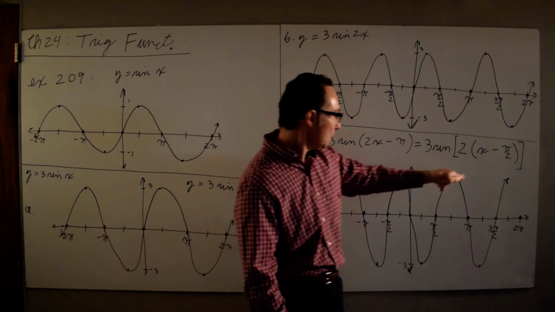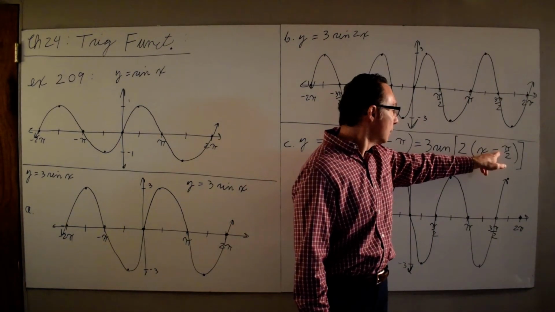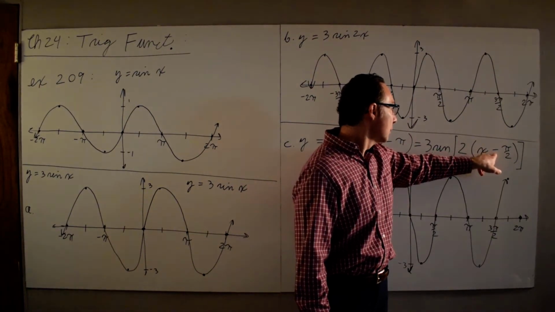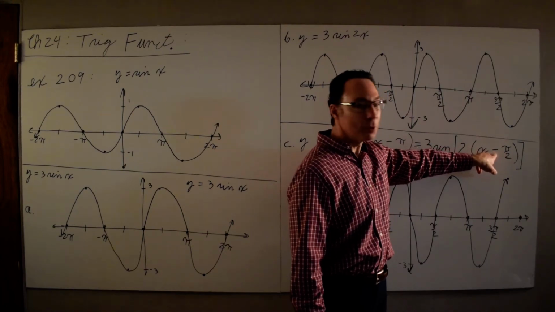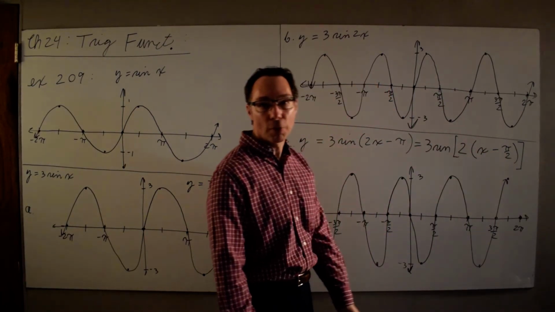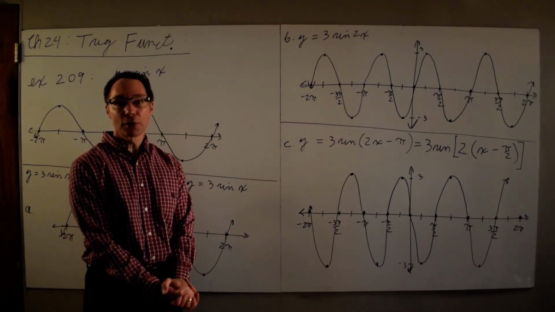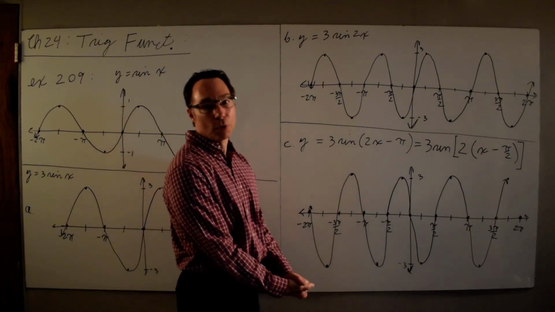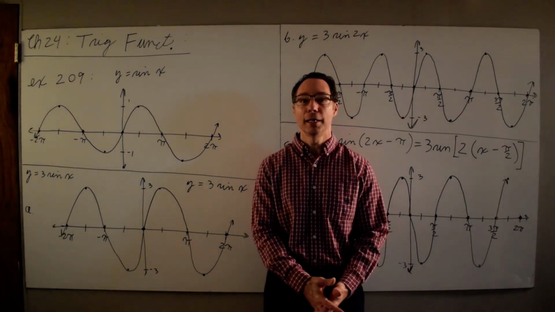And we subtract, that shifts it to the right as opposed to the left. So what we do inside affects it horizontally and perhaps the opposite of what we would think, because we're subtracting pi over 2 and we might think, well, that shifts left, but it shifts right. So what you do inside the function affects it horizontally and counterintuitively. What we do on the outside of the function affects it vertically and intuitively.